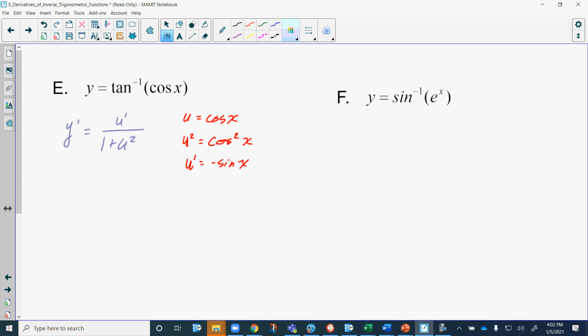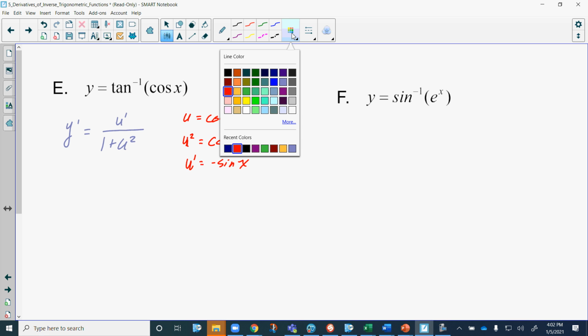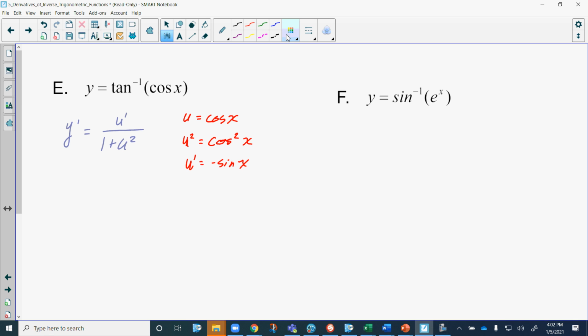And now we just plug those into the rule and see what we end up with. y prime, the derivative of the inverse tangent of cosine of x, in this case is going to be u prime, so I'm going to have negative sine of x over 1 plus cosine squared of x. And there we go.